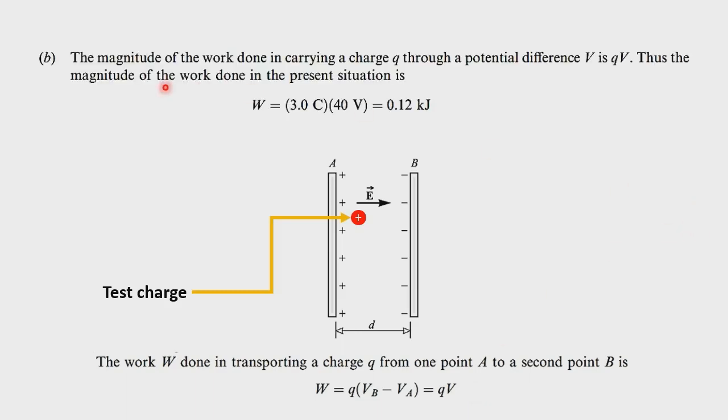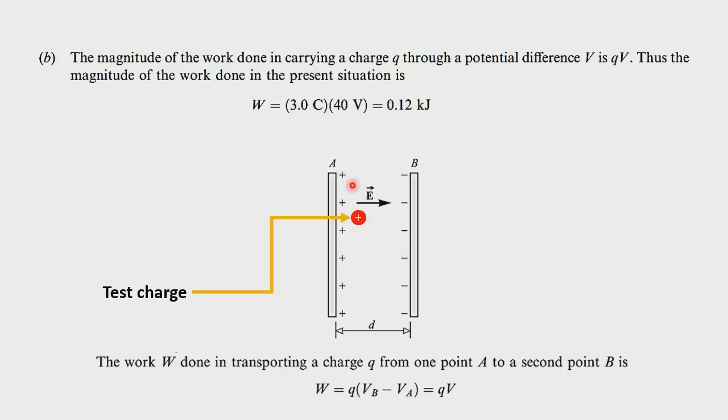And so the magnitude of the work done in carrying the charge Q through a potential difference, in the case of B to A, is given by the formula Q times V. Thus, the magnitude of the work done in our current situation is given by W, which is positive 3.0 coulomb of charge times the voltage.